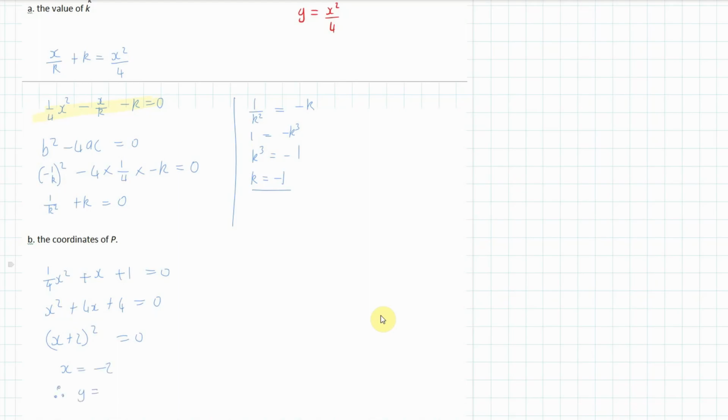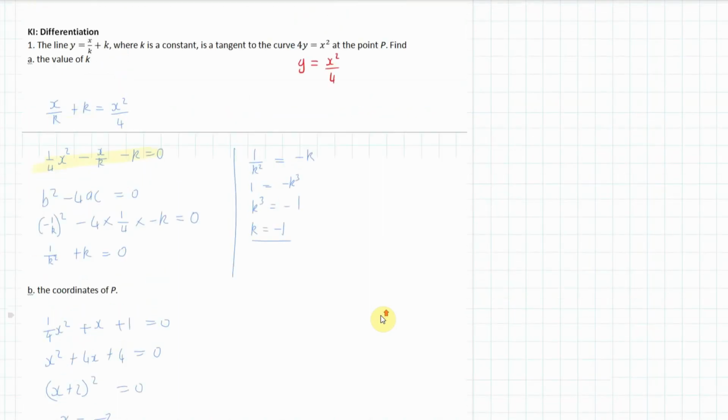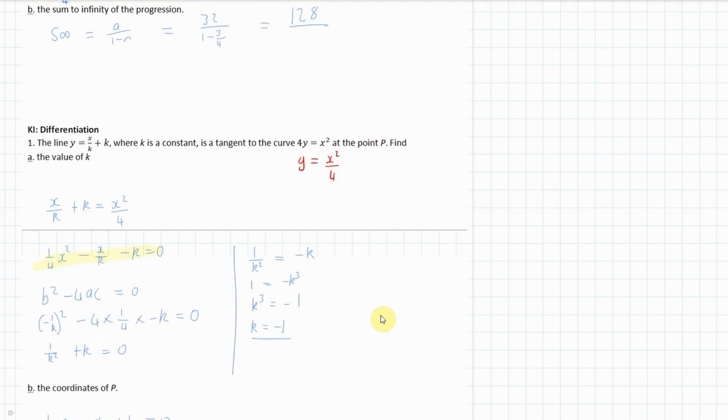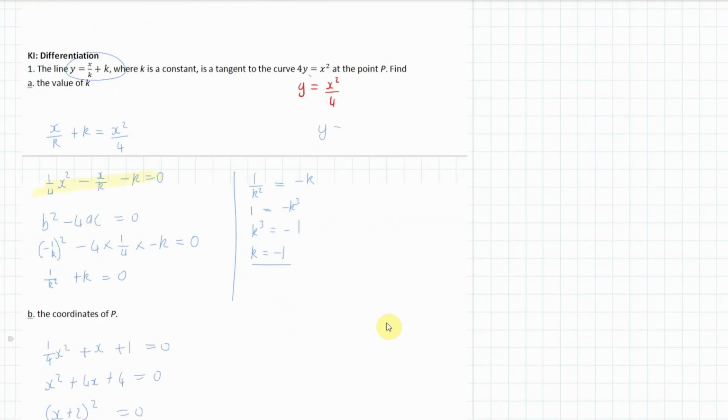Therefore, what will y equal? So we need to chuck that into the line here, which of course the line would be y equals negative x minus 1.